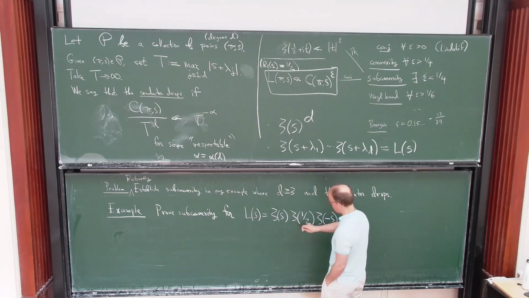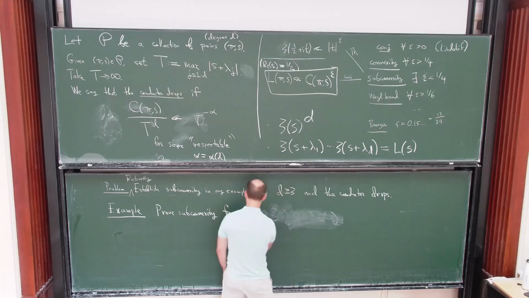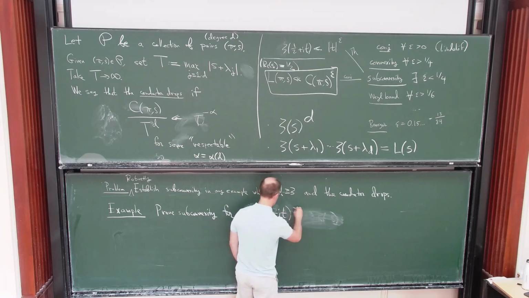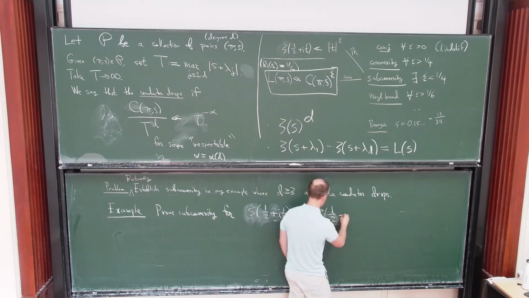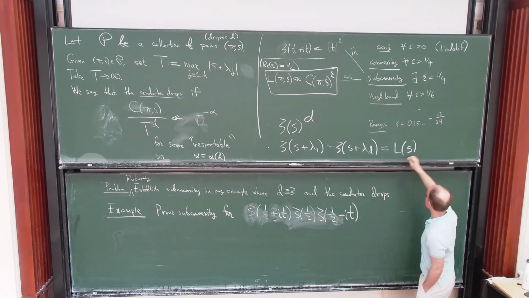Let me not write it like that. Let me just say zeta of 1/2 plus it, zeta of 1/2, zeta of 1/2 minus it. So this is a special case of these objects here.